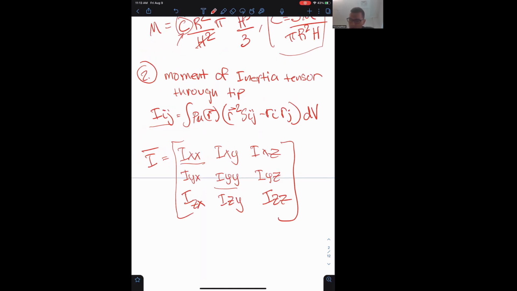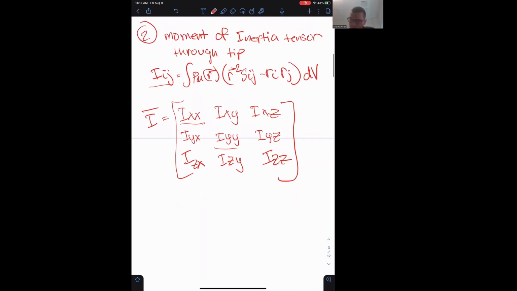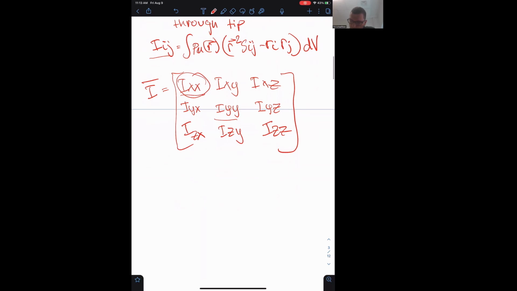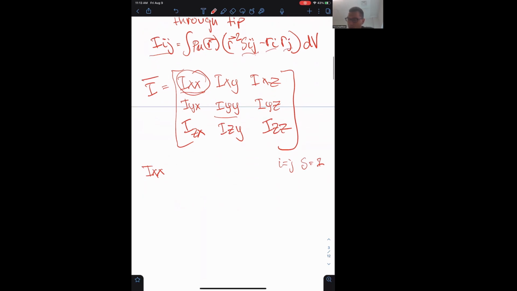So let's just start with the first one, Ixx. If i is equal to x and j is equal to x, that means i is equal to j, which means the Dirac delta function gives us 1. And this is going to give us an x squared.